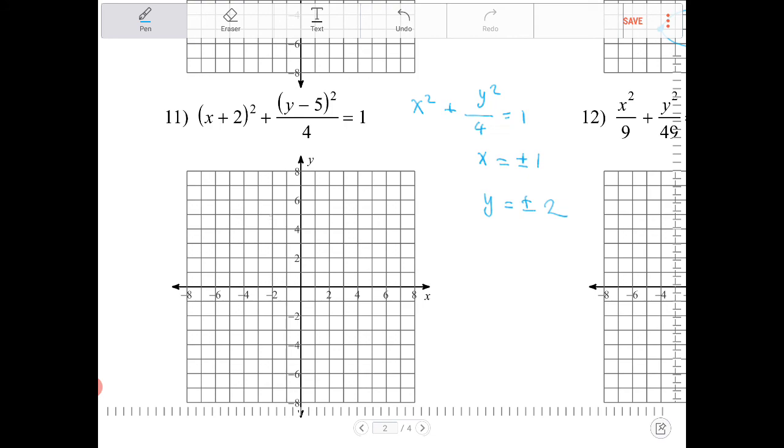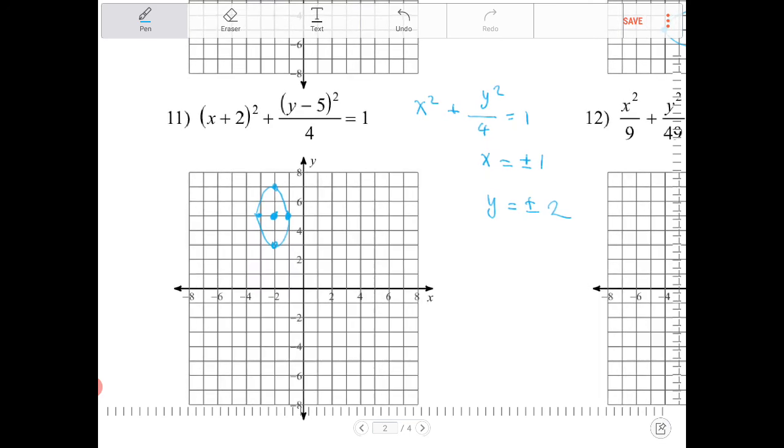So negative 2, positive 5 is located over here. From the center, I'm going to go 1 unit to the left and 1 unit to the right. And I'm going to go 2 units up and 2 units down. And this is going to be the shape of my graph. And again, just like before, it fits that pattern. If the number underneath y is larger than the number underneath x, we can tell the ellipse is going to be vertically oriented.